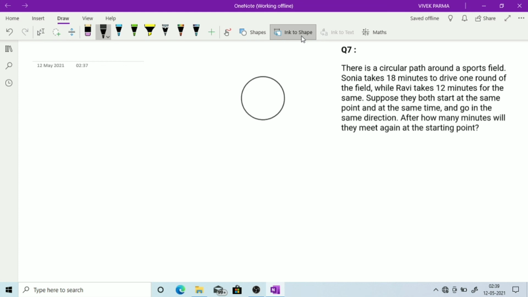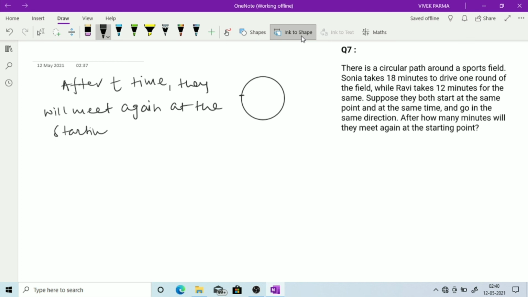Let this be a circular path and this is the starting point, right? So assume that after t time they will meet again at the starting point, right?